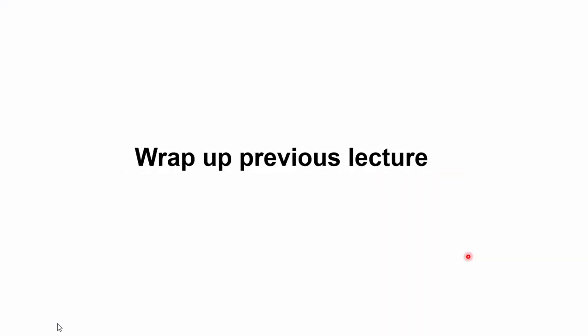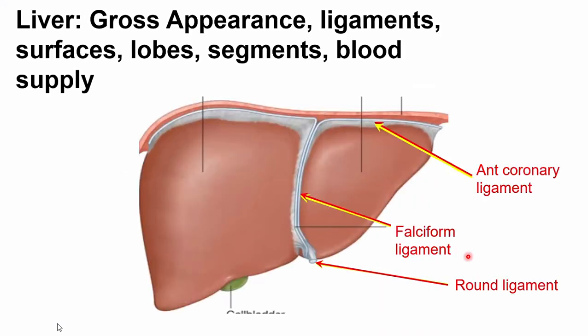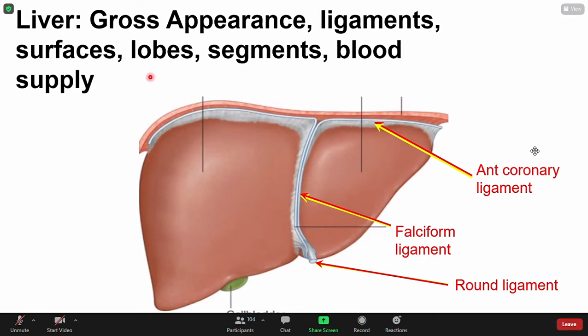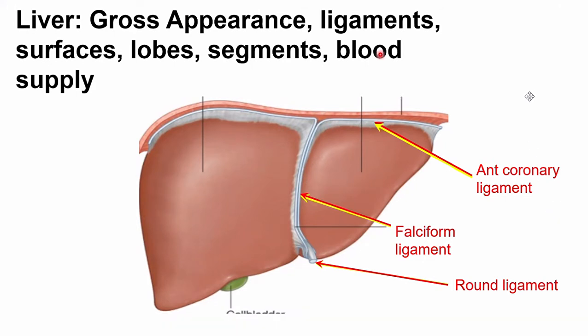So, a wrap-up of the previous lecture. I mentioned the liver, its gross appearance, the ligaments, the surfaces, the lobes, the segments, the blood supply. You know, what's this?